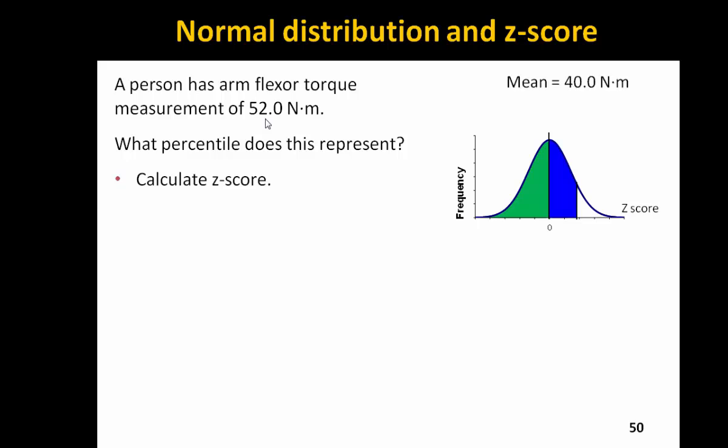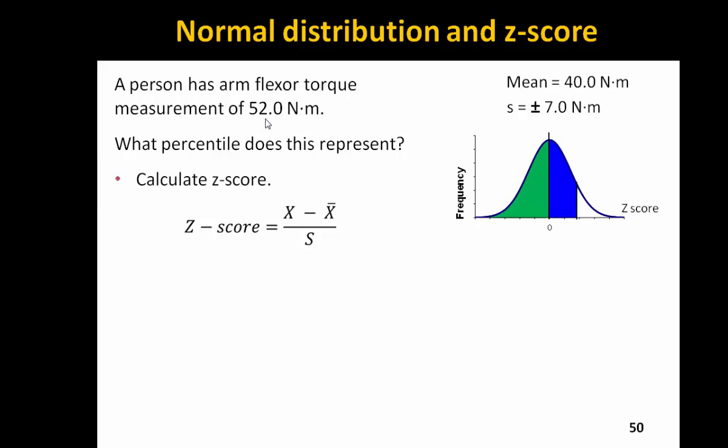In order to calculate the z-score, you absolutely need the sample average, in this case 40 Newton meters, as well as the standard deviation of 7 Newton meters.